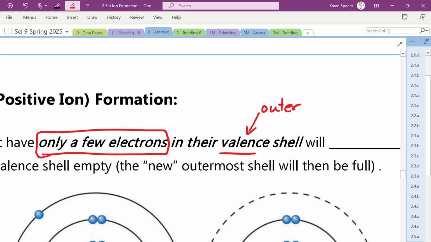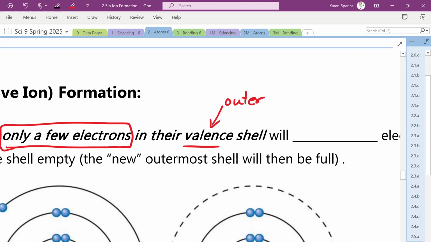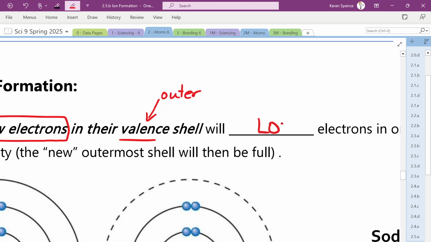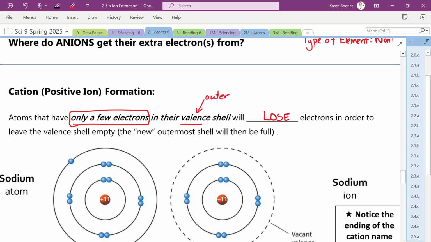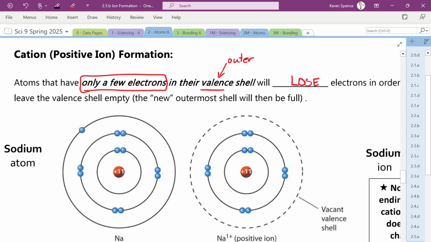If you have 3 electrons, would it be easier to gain 5 to have 8, or would it be easier just to lose 3? Easier to lose 3. So if you have only a few electrons, the valence shell will lose electrons in order to leave the valence shell empty.